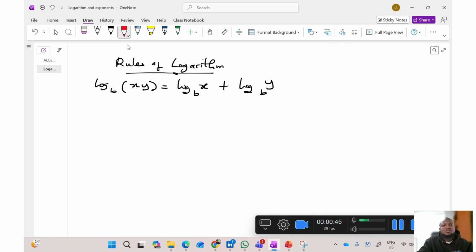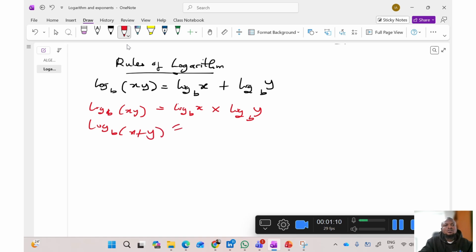I did not say that the logarithm of x to base b times the logarithm of y to base b is equal to the logarithm to base b of x times y, or the logarithm to base b of x plus y.